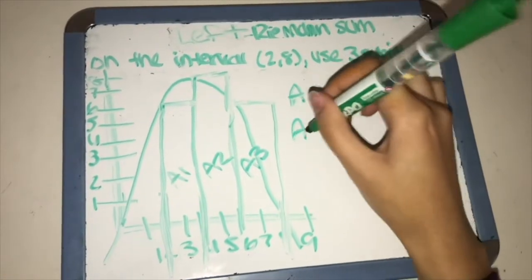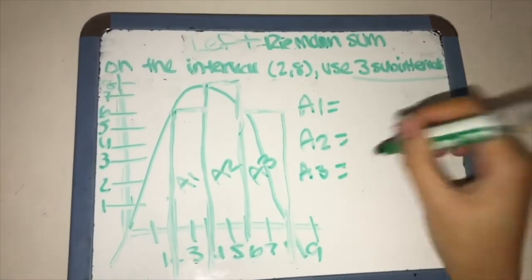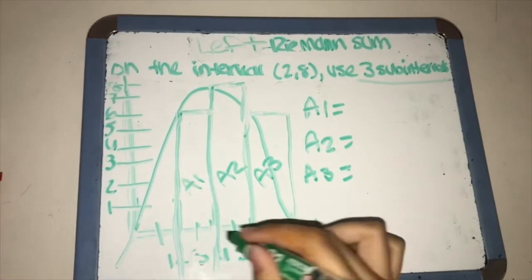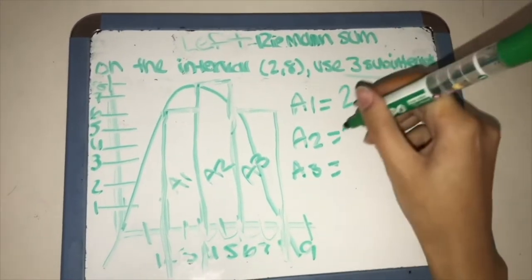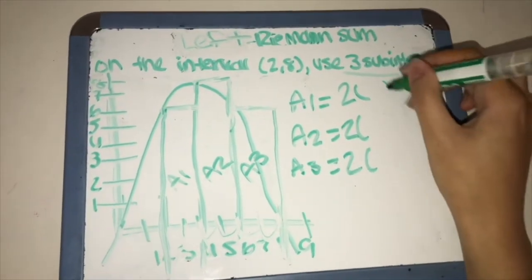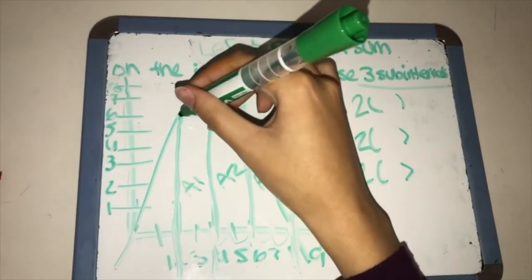So in order to find the areas, basically we are moving 2 times, right? 1, 2, 1, 2. So basically 2 is the base of all of this, okay? Now in parentheses we have to include where it's stopping at. So this is stopping at 6, right?